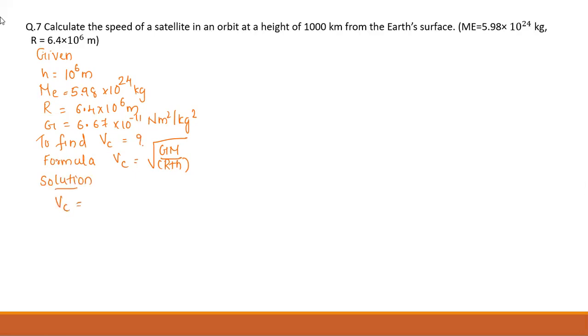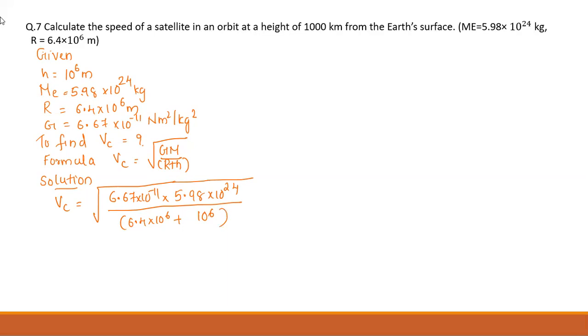That is, VC is equal to under root G is 6.67 into 10 raised to minus 11 into mass of the earth 5.98 into 10 raised to 24 upon r plus h. R is 6.4 into 10 raised to 6 plus h is 10 raised to 6.